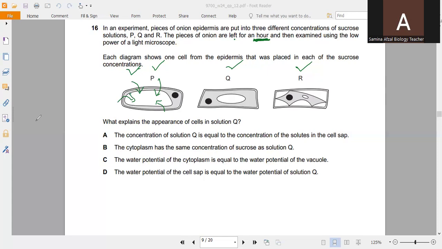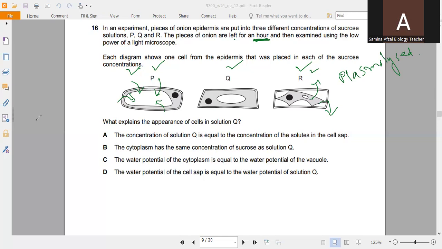Whereas we are moving towards the R, as you can see, it is plasmolysed. As you can see it is shrunk because it shows that the concentration or the water potential of the solution R was lesser than the concentration or the water potential of the cell sap.